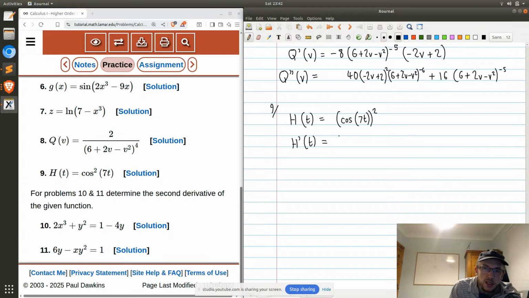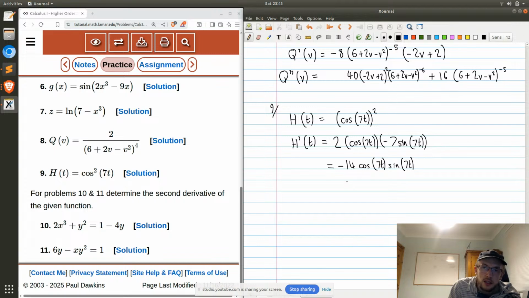H prime of t, differentiate the outside and times by the derivative of the inside, minus 7, excuse me, minus 7 sine 7t, like that. So minus 14 cosine of 7t, sine of 7t.